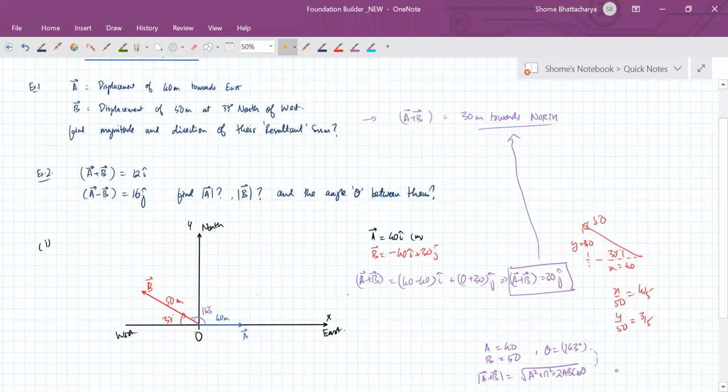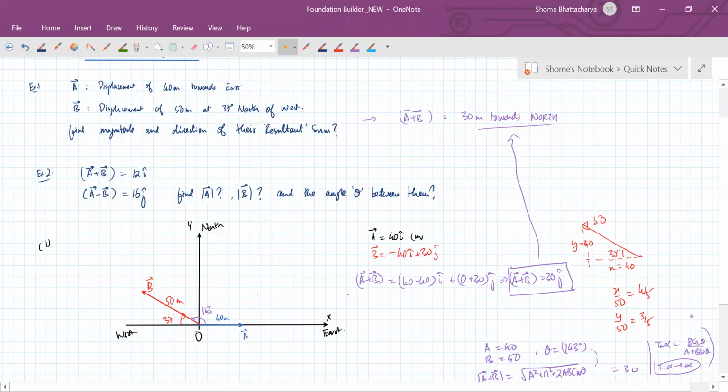So if you substitute all this here, you will get this as 30. And then the angle, for that you use the formula tan alpha is b sine theta upon a plus b cos theta. So in this you will get tan alpha is undefined because the denominator will come out to be 0. So that will tell you that alpha is equal to 90 degrees. So that means it's perpendicular to the vector A. So again that means it's towards north because the vector A was towards east. So that's another way you can do the question.